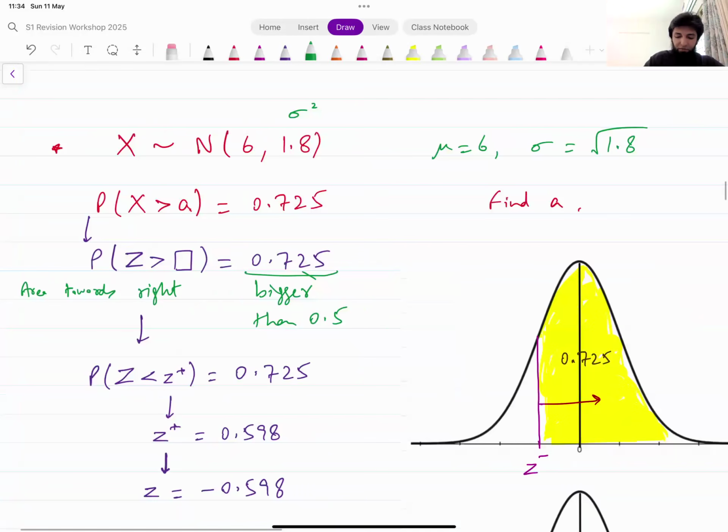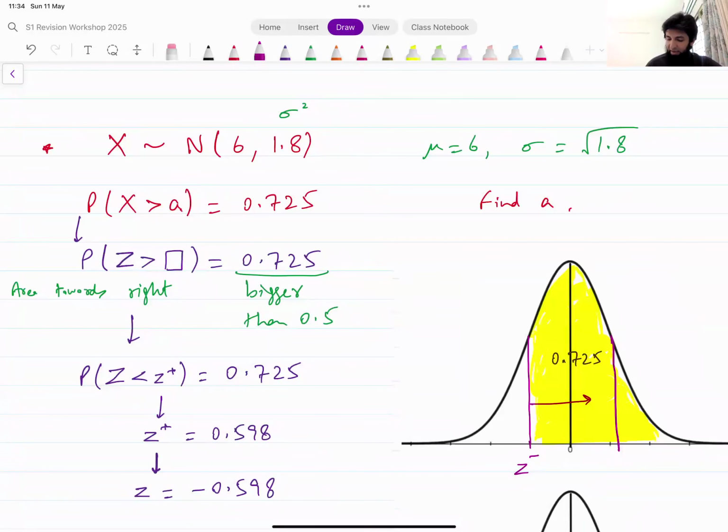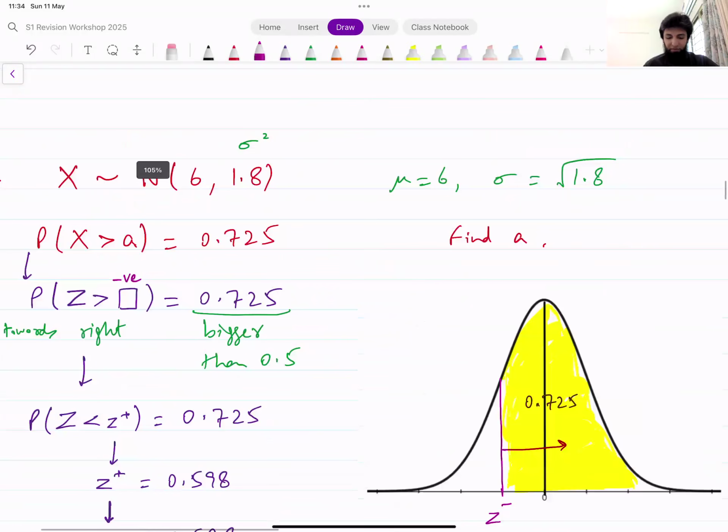That's bigger. So where do we place z on the normal distribution curve? If we place that on the positive side, area on the right side will be smaller. That's not what we want. So we have to place that on the negative side. In that case, the area to the right would be bigger. So the z value is going to be negative.